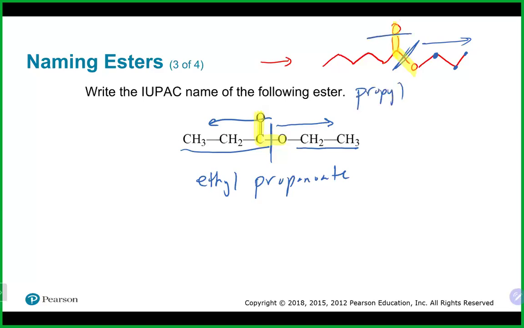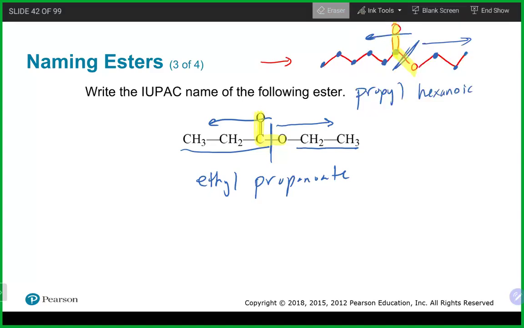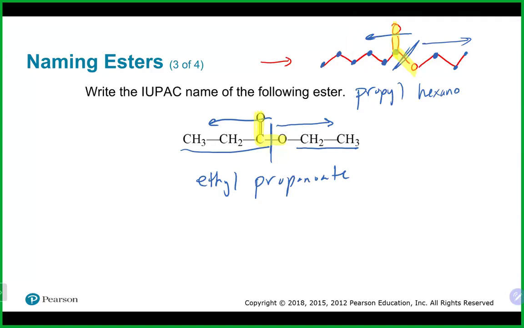Now, again, going through the double bond the other way is going to give us our carboxylic acid part. We do not want to forget this carbon. So that's 1, 2, 3, 4, 5, and 6, so that's based off of hexane. So that's hexanoic. Hexanoate sounds much better. There we go, based off of hexanoic acid. So propyl hexanoate there. Question on that?